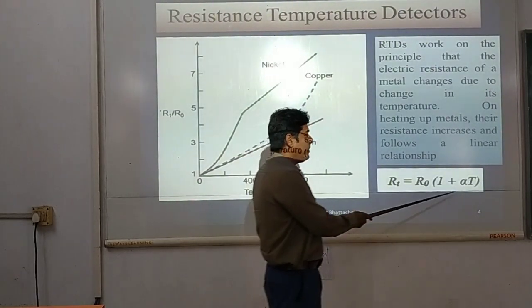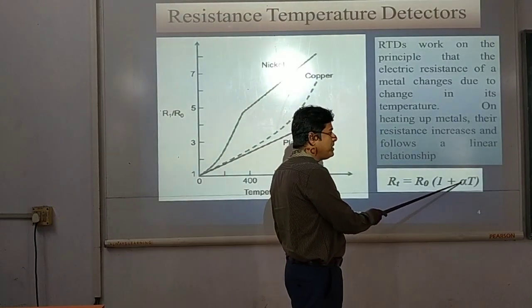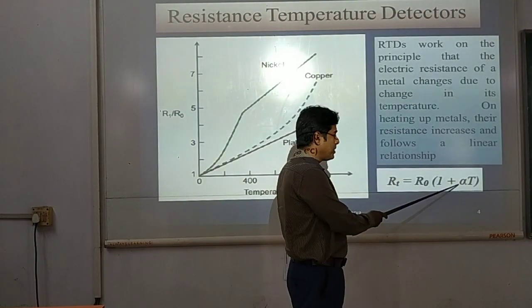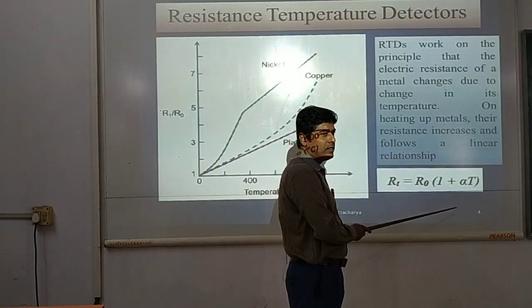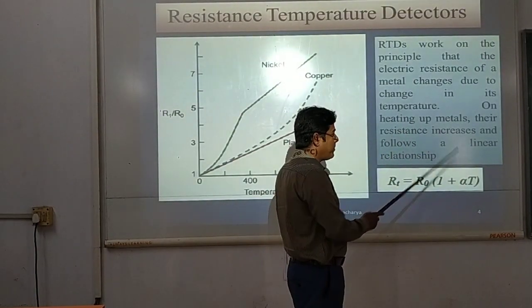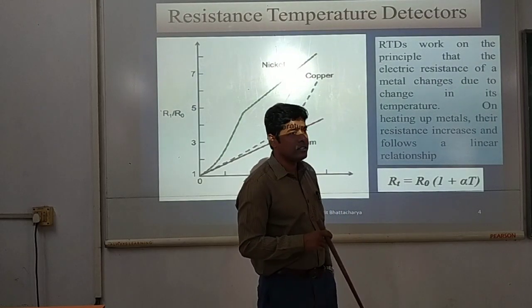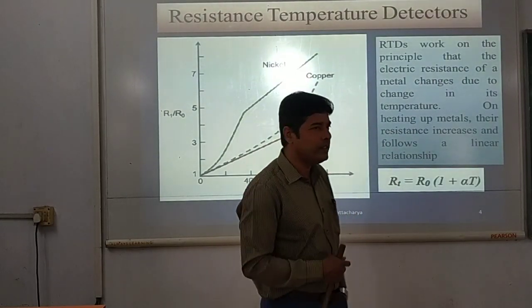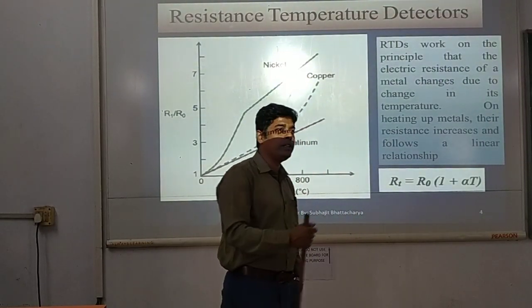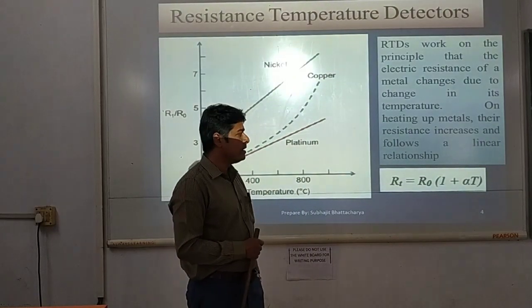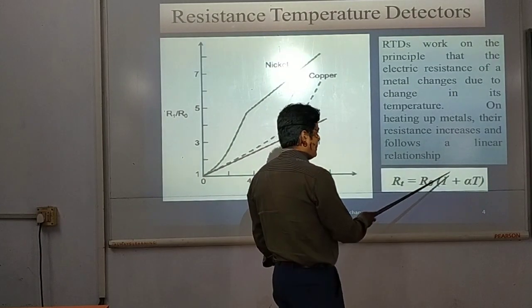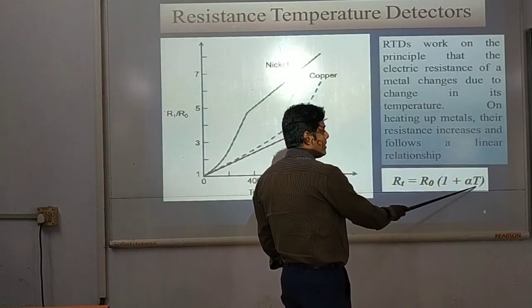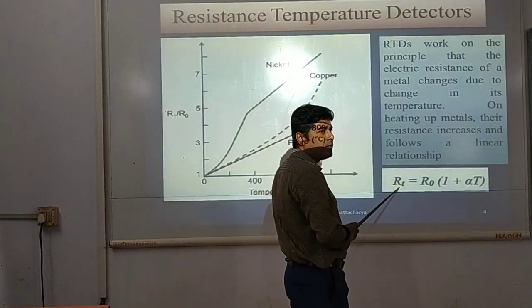And alpha is the temperature coefficient of resistance. That is, per 1 degree Celsius or 1 degree Fahrenheit increase in temperature, what is the change in resistance? That is denoted by alpha. And T is the temperature at which we are finding RT.